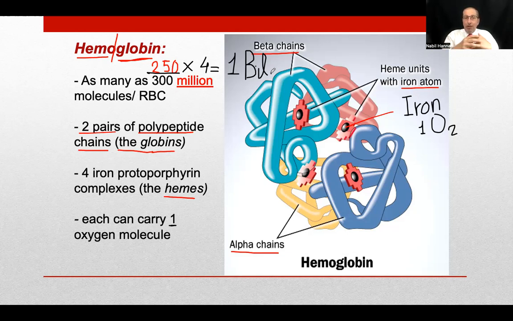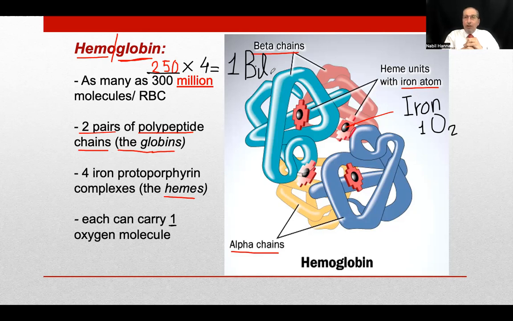Imagine yourself carrying a bag with $1 billion inside, and you're not taking a single cent for yourself. You're distributing all these dollars. So red blood cells just distribute oxygen without having anything for themselves.